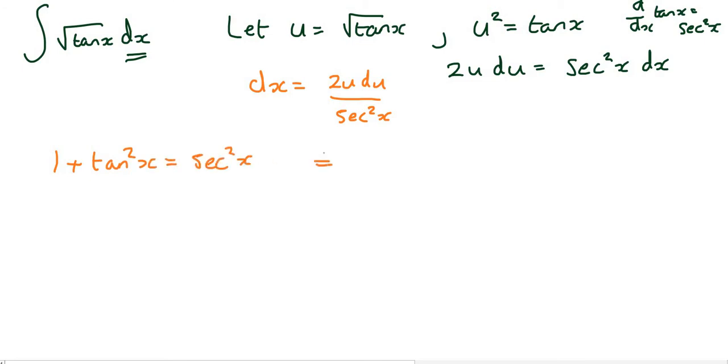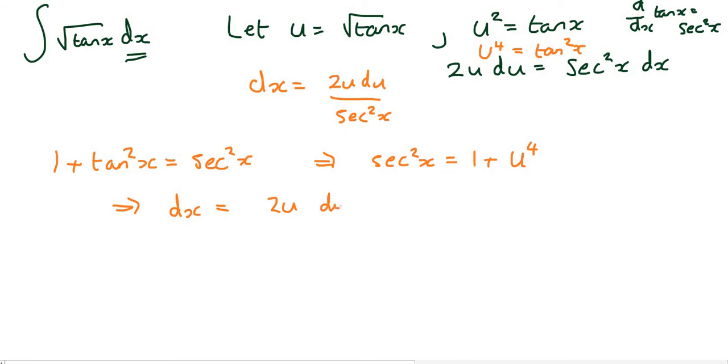So this tells us that sec squared x equals 1 plus, and if u squared is tan x, then u to the 4 is tan squared x. So now we can rewrite our dx as follows: dx equals 2u du over 1 plus u to the 4.